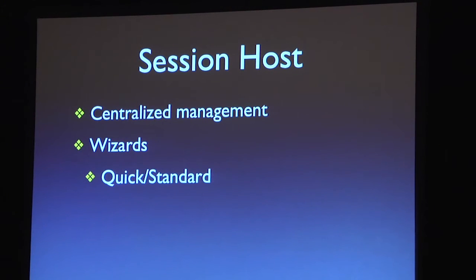And when you fire up the wizard on that one server, you select standard, and then it will start asking, out of these servers that you selected, which one do you want as your connection broker? You just select the server, click next. It's going to ask you the next question: which one is going to be your web access? Next.